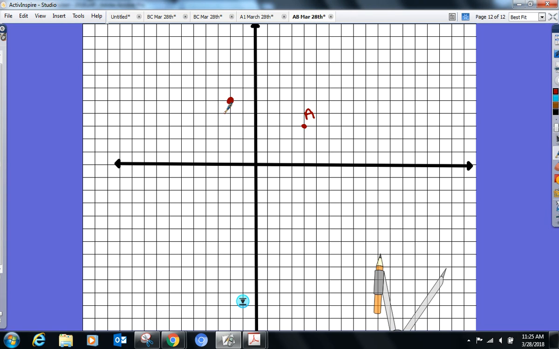I know it's got to be on the other side, so it's got to be over in quadrant 2 somewhere. Anybody remember exactly how to find it? Use what? Slope, right? Up 2, over 1, 2, 3, 4, 5, 6. Up 2, over 1, 2, 3, 4, 5, 6. There's A prime. All right. Yes, Amy.